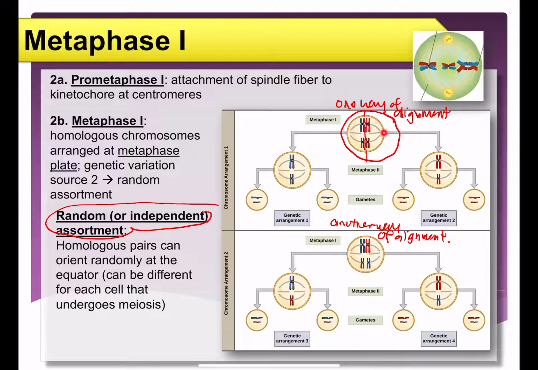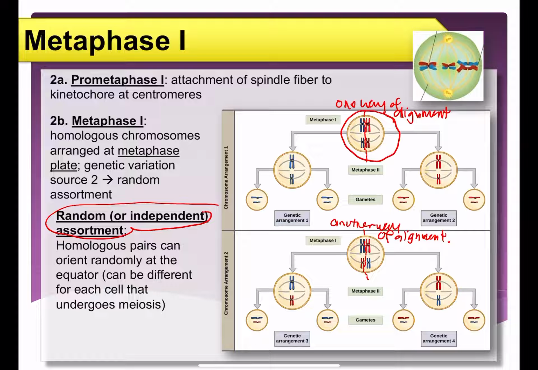Now, if they're swapped in order of alignment, then you're going to split again down the middle of the metaphase plate. And after meiosis 2, you will end up with daughter cells that have both blue and red chromosomes and another set of daughter cells with a different set of red and blue chromosomes. So it depends on how they're aligned in the middle. You can end up with different daughter cells with different versions of the genes on there.